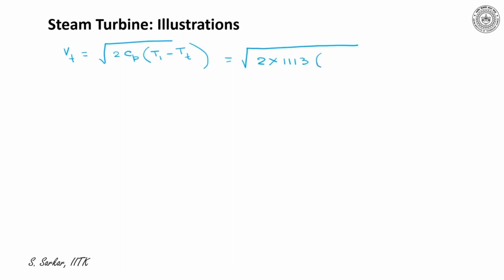Value of T1 is 698 and Tt has been calculated as 599.15. If you calculate, you will get Vt as 469 meter per second.